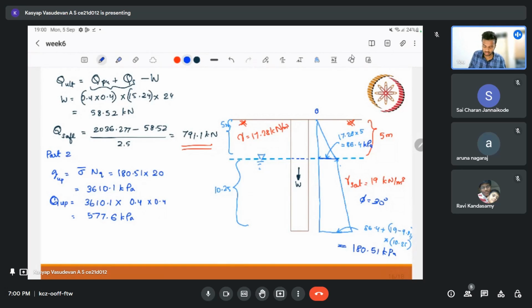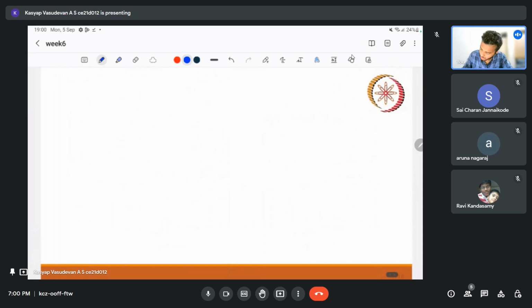This resistance as well as this resistance can be separated, because the average vertical stress at these two is different, so we can take them differently. So let us see. Our equation was QUS is equal to sigma average K tan delta AS, right?